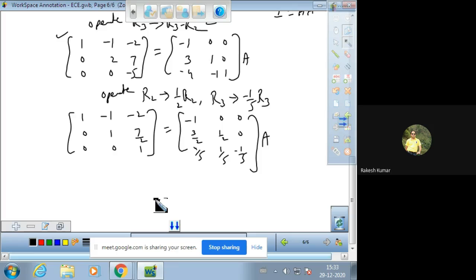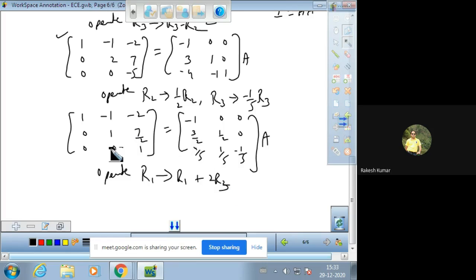Now we just try to convert these elements to zeros, this one, and this one now. And for this, you just need to operate R1 as R1 plus 2R3, because this will be made 0 then.